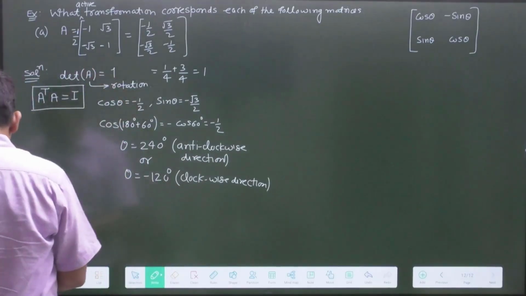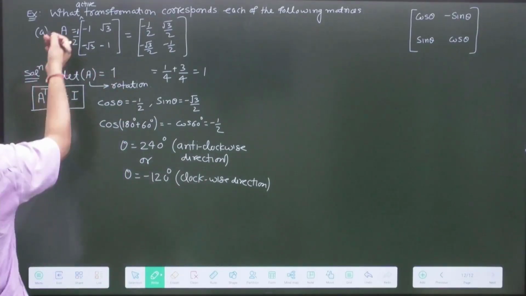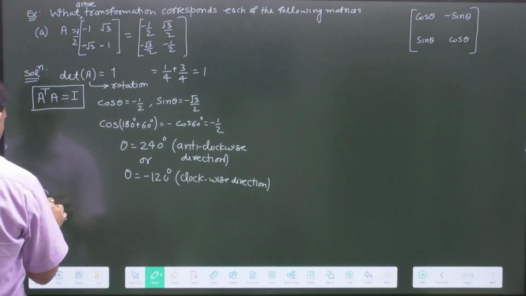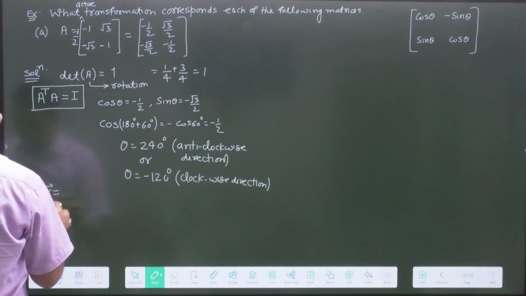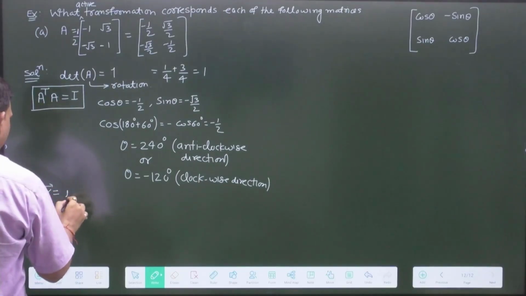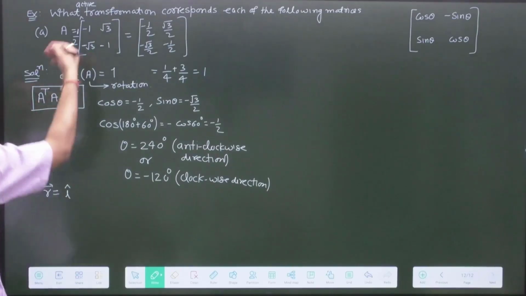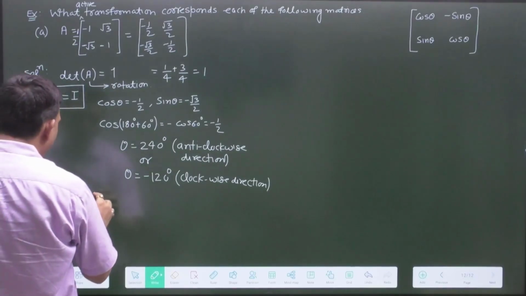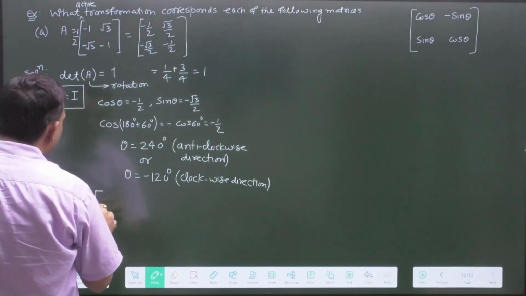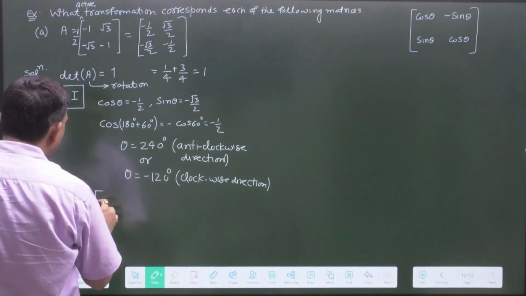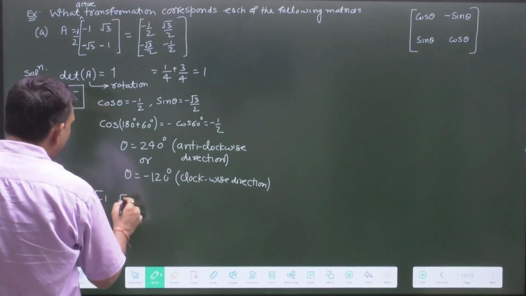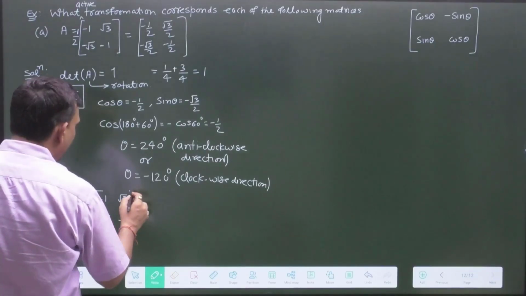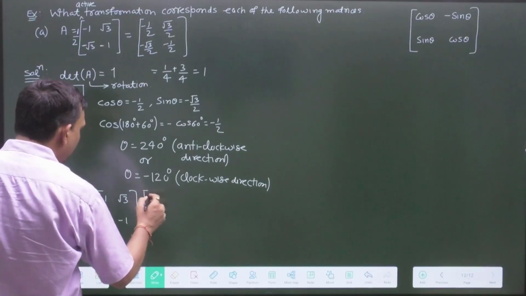If I take one example here, let's take the same matrix, and let's say vector R is I cap or X cap. Let's operate this matrix on I cap. So what will you get? I am operating matrix A, which is 1 by 2, minus 1, under root 3, minus root 3, minus 1, on I cap, which is given by 1, 0.